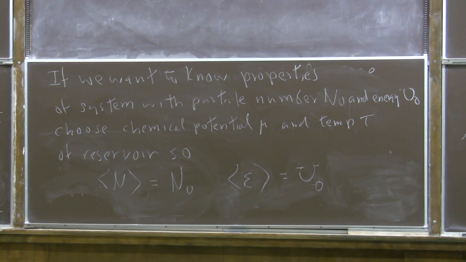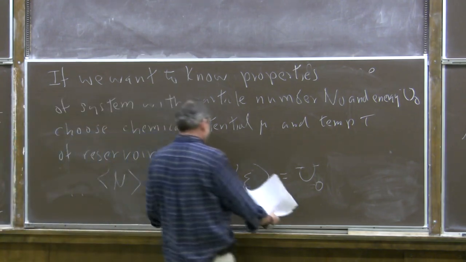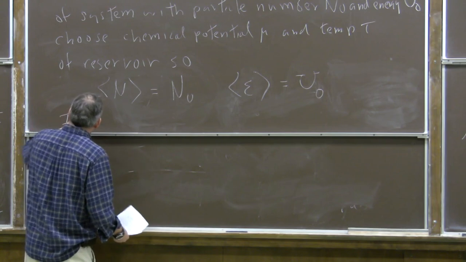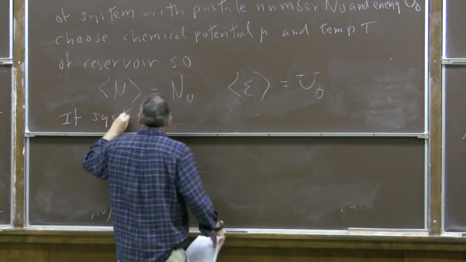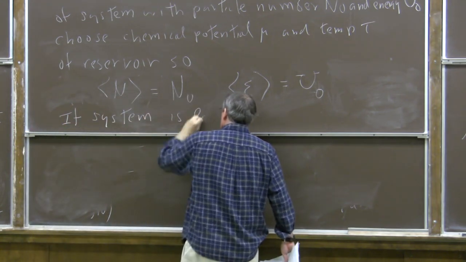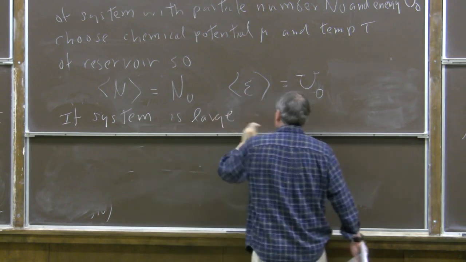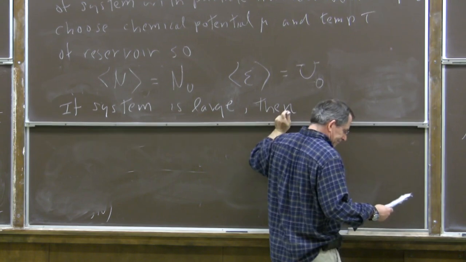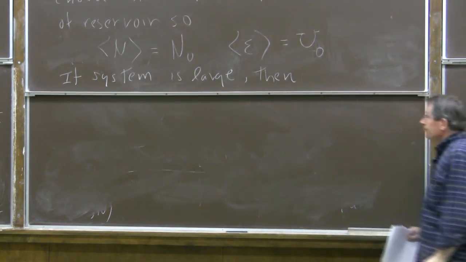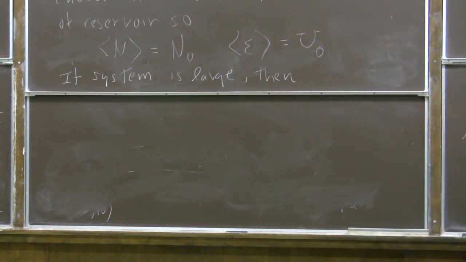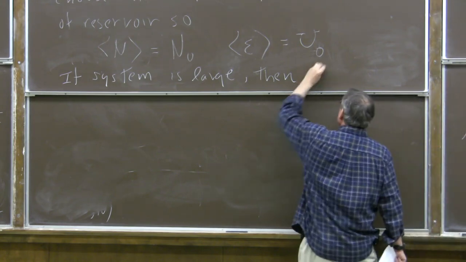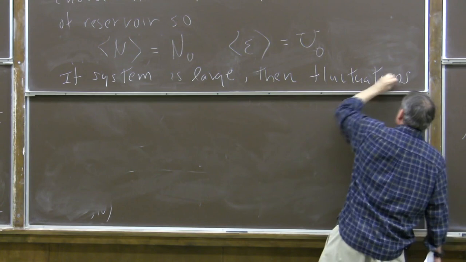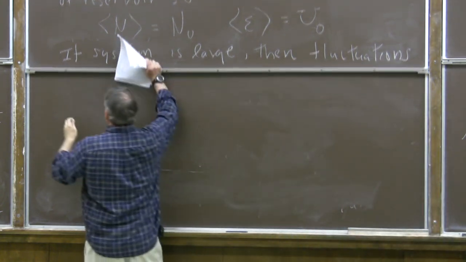And when the system is large, then fluctuations about mean values are small.